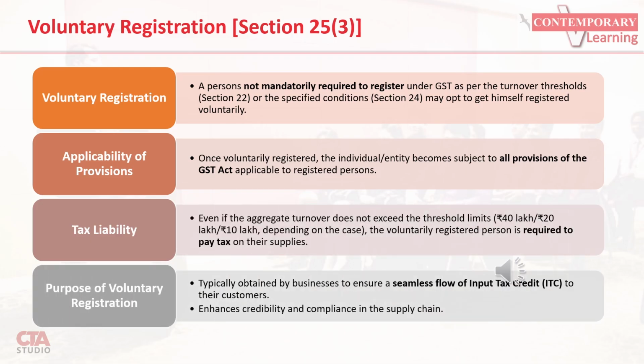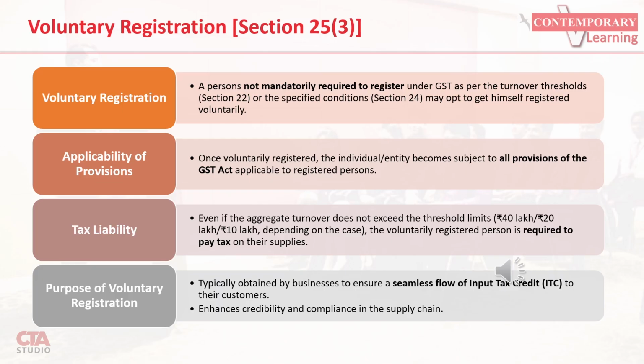Now let's discuss an interesting provision: voluntary registration under Section 25(3). Voluntary registration. A person not mandatorily required to register under GST as per the turnover thresholds, Section 22, or the specified conditions, Section 24, may opt to get himself registered voluntarily.